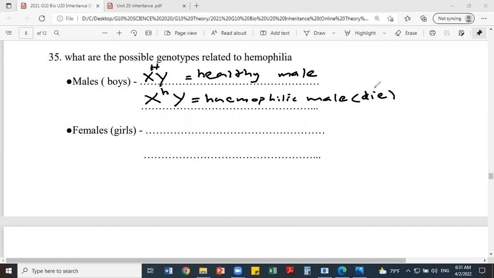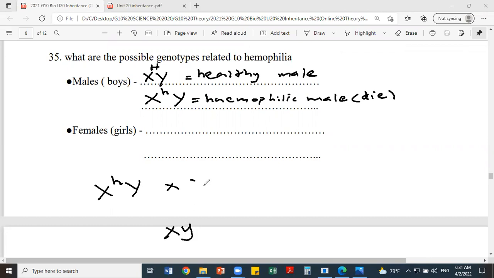That's good, otherwise they would definitely transfer this to girls, because to boys, no. Remember, sons or boys will never get the sex chromosome X from the father.